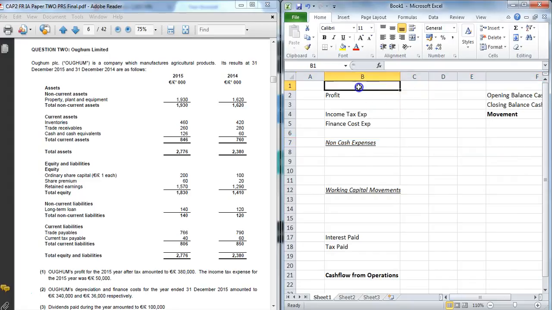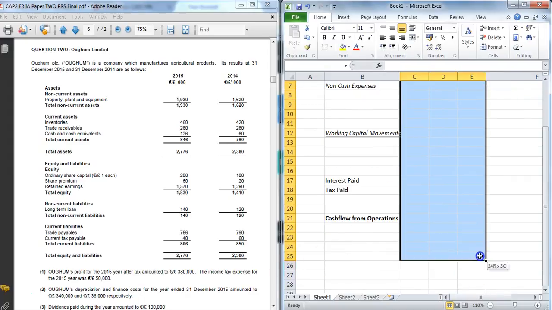So now that we have the answer ready and we know what we're aiming for, let's start off with our indirect method. So we'll put in here, again, don't lose any presentation marks, statement of cash flows for year ended 31 December 2015. So just keep everything nice and neat. The starting point here, we're told what our profit after tax is. It's 380,000.